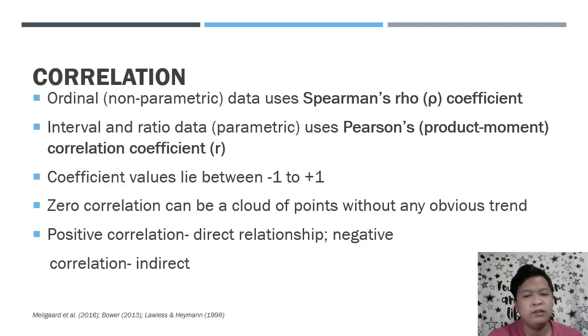Ordinal data uses the Spearman's rho coefficient, while interval and ratio or parametric data can use the Pearson's product moment coefficient, or simply known as the R. The coefficients, again as mentioned, are between -1 to 1. The weakest level of correlation is 0, which looks like randomly scattered points without any trend.